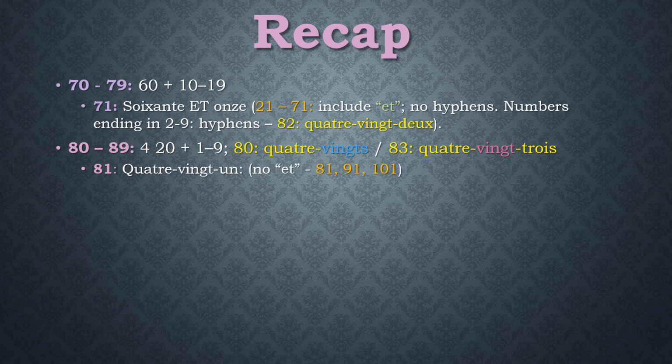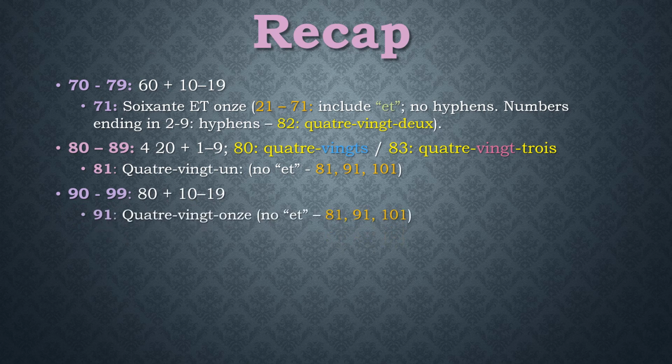You don't include the word et because 81, 91, and 101 do not include et. 90 through 99 is based on 80 plus 10 through 19. 91 is quatre-vingt-onze. Again, we don't include the word et for 81, 91, or 101.